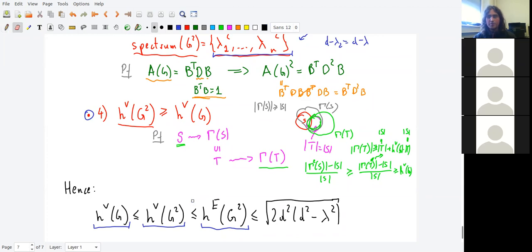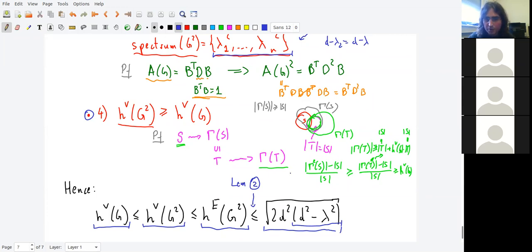So now I can use my lemma 2, but for the graph G square. Now I relate the edge expansion in G square, I upper bound it by the spectral gap in my graph G square.